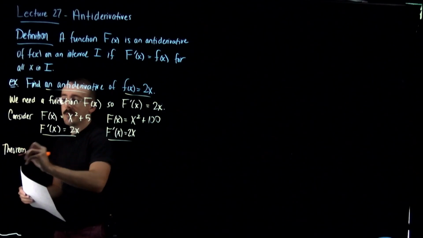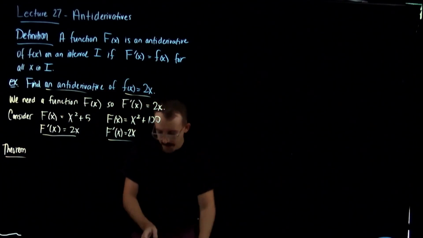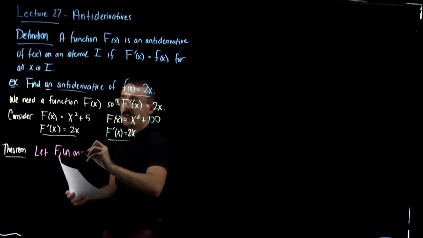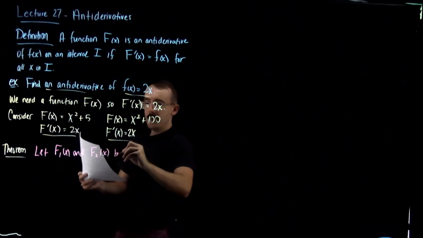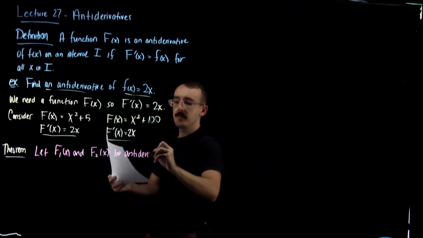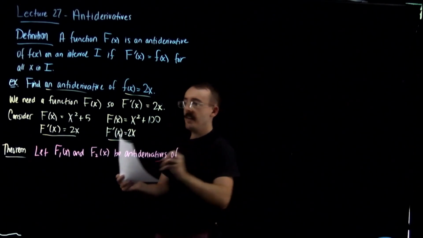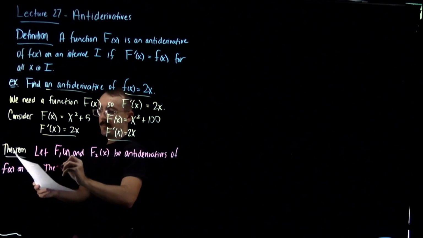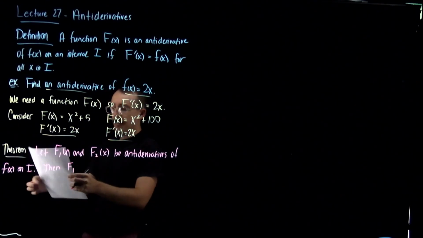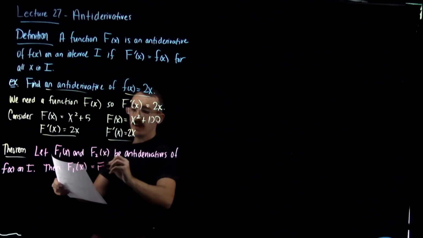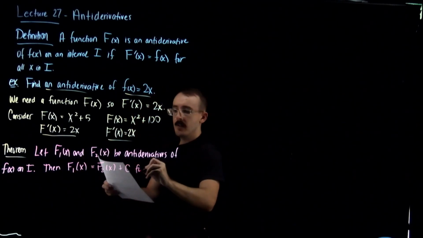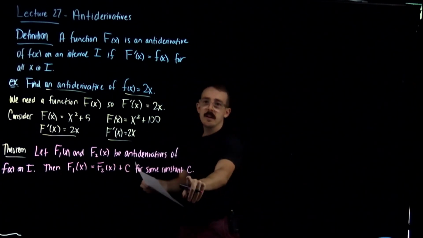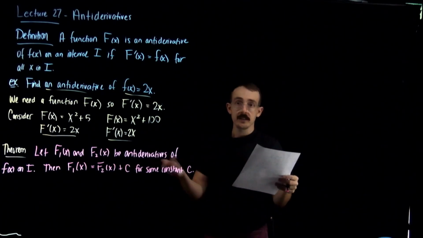All right, so this leads us to the idea for a theorem here. So we have a theorem. I'm going to switch colors again. So the theorem says, let capital F1 of x and capital F2 of x be antiderivatives of f of x, so some function, on an interval I. Then capital F1 of x equals capital F2 of x plus C for some constant capital C. So this can be any real number here, so for us in this class.